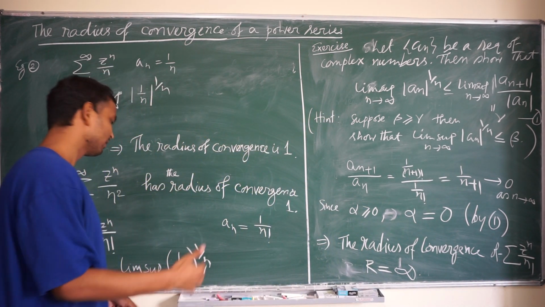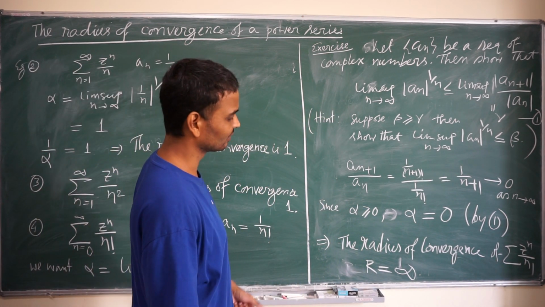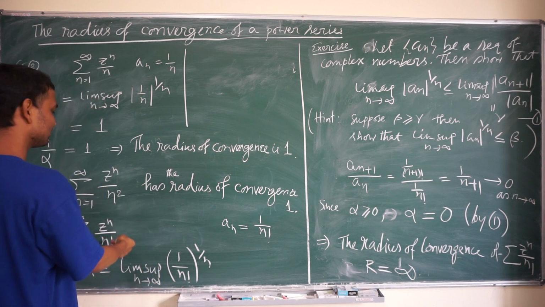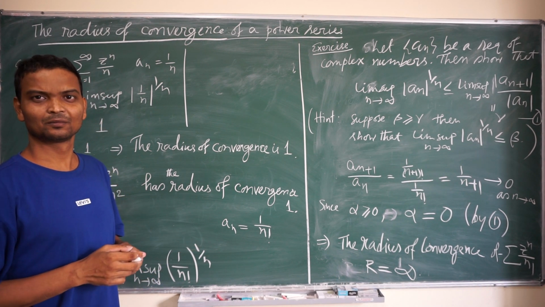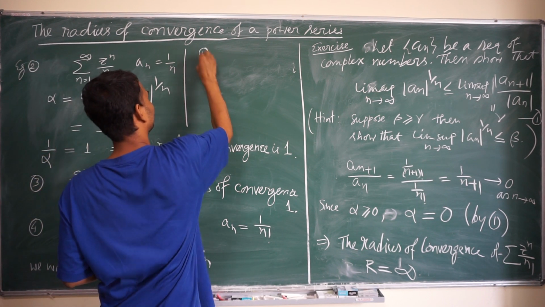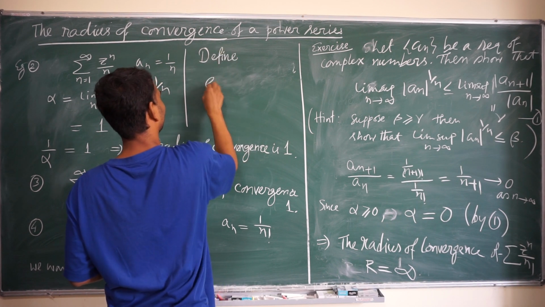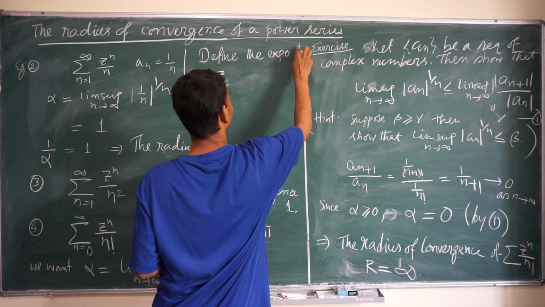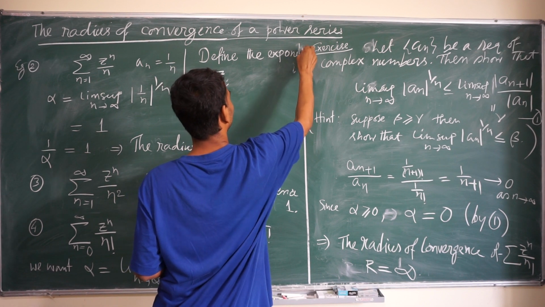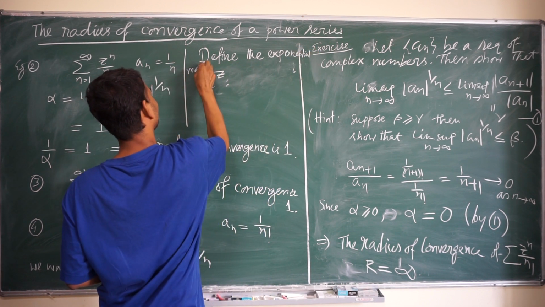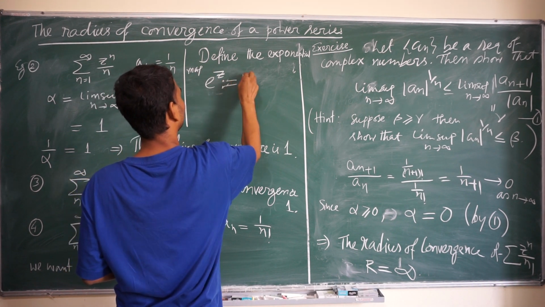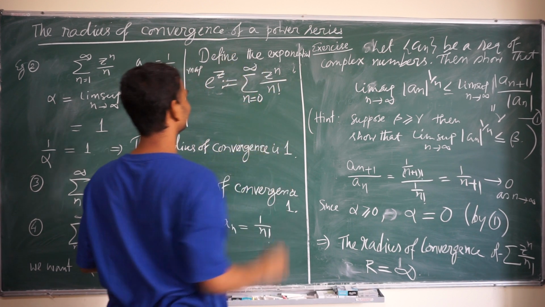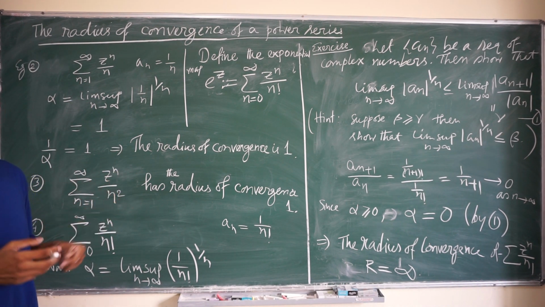Alright, so 1 over alpha becomes infinity, and you know this, of course, so this converges in the whole of C, and we can define e to the power z, the exponential map, as the summation of z to the power n by factorial n from 0 to infinity, as in the case of real variable.